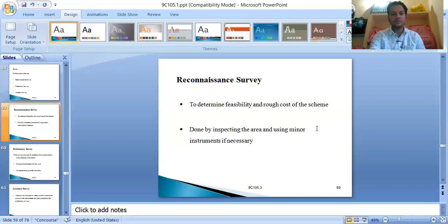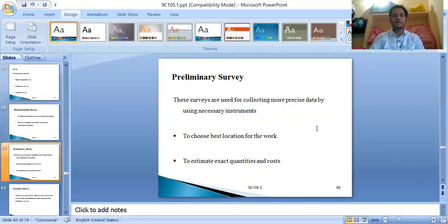It refers to the first stage of engineering survey. And then the second stage is preliminary survey. These surveys are used for collecting more precise data by using necessary instruments. In reconnaissance survey, we have done a rough estimate and we have used some minor instruments to collect the approximate amount of data.